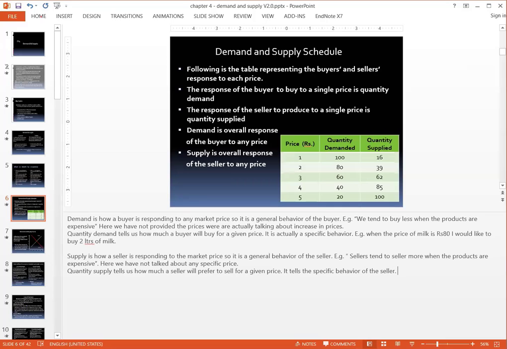So when prices are increasing, the seller tries to sell more. This is supply. And for a given price, that is quantity supply. So this way, I think it is clear for you what the difference is between supply and quantity supply, and what is demand and quantity demand.